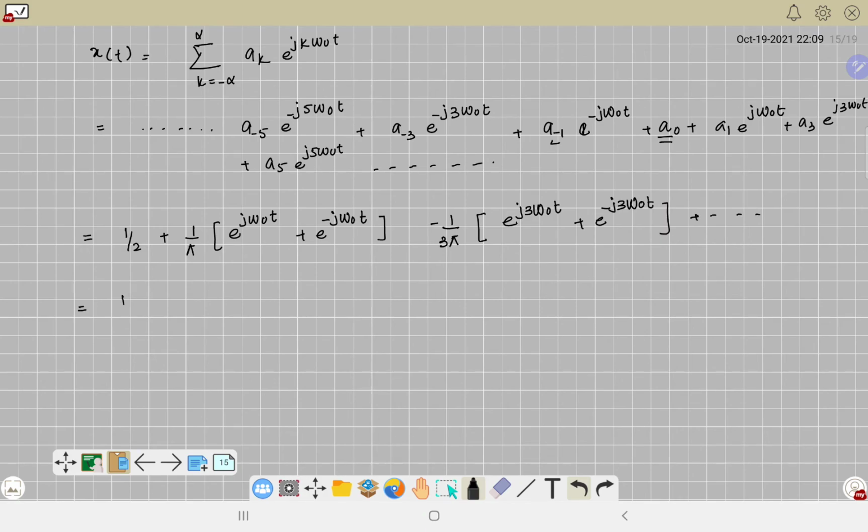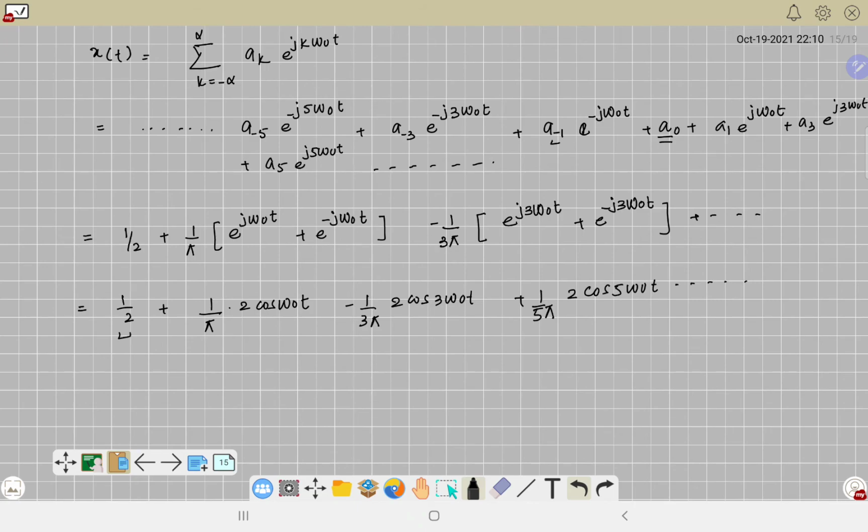Okay? Then you can again use Euler's relationship, that will be 1 by pi 2 cos omega naught t minus 1 by 3 pi 2 cos 3 omega naught t, and likewise plus 1 by 5 pi 2 cos 5 omega naught t, dot dot dot.